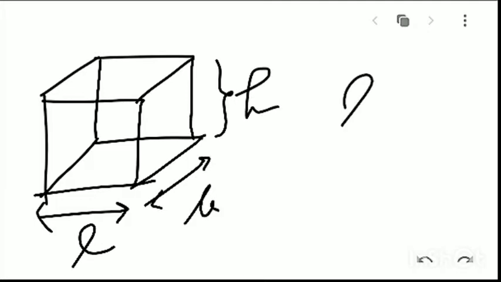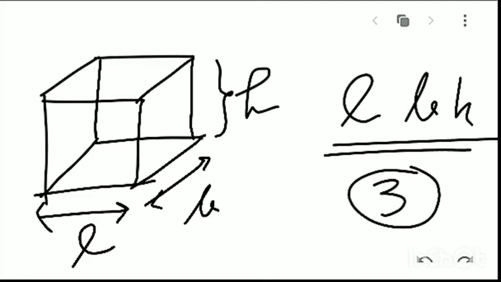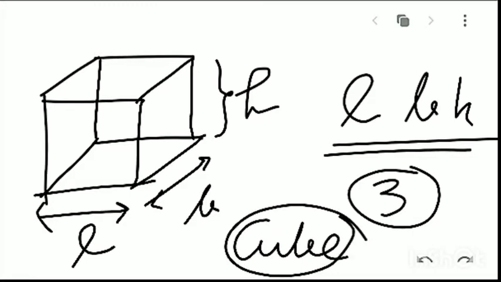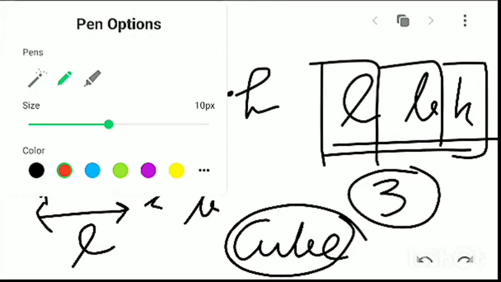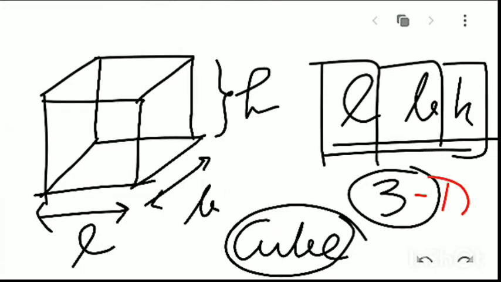So length, breadth, height, all these three quantities are required for a cube or a cuboid. Such quantities which require all three coordinates to express will be called three-dimensional, 3D quantities. Clear? These are called 3D or three-dimensional.